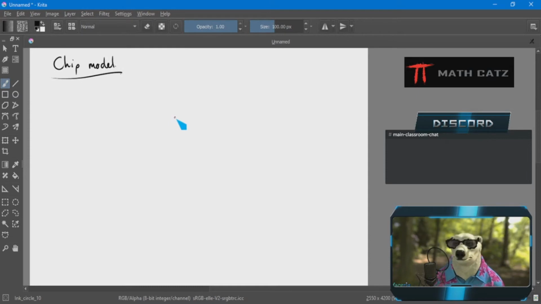The benefit of the chip model is I'm going to have actual chips or actual objects that you and the student can interact with. As many as you want. We'll have positive chips, and let's give them some color. Maybe you color them blue.